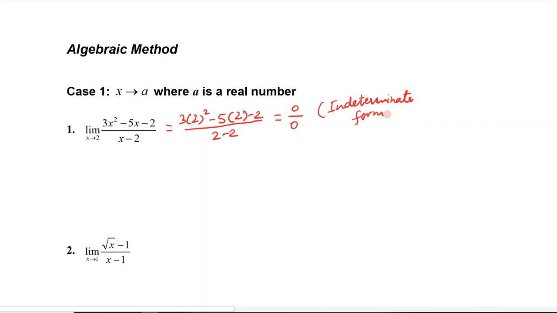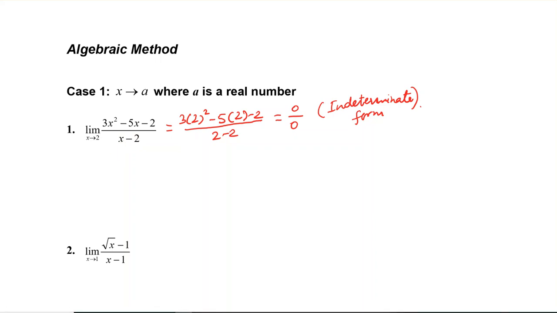When you have an indeterminate form, in order to do more work, we have a quadratic in the numerator and a linear factor in the denominator. The way we approach this problem is we factorize the top and see if the troublemaker factor, which is x minus 2 here, cancels out.